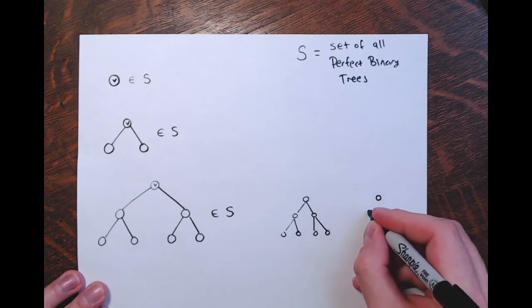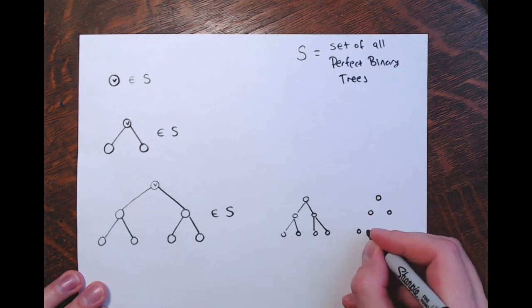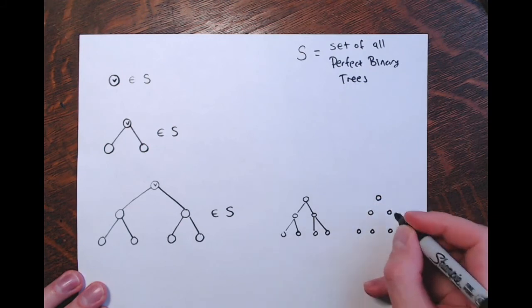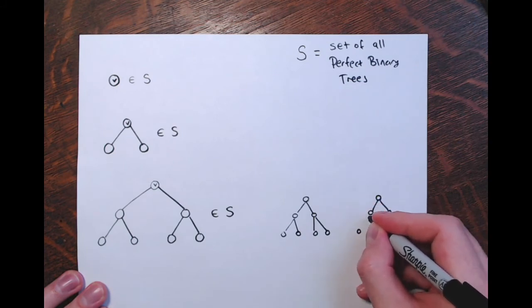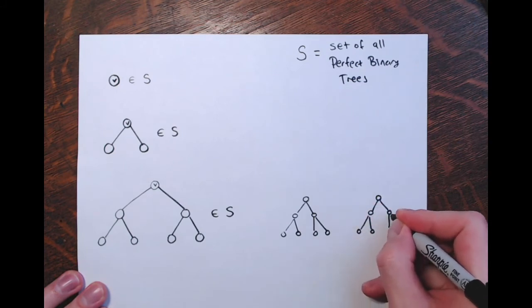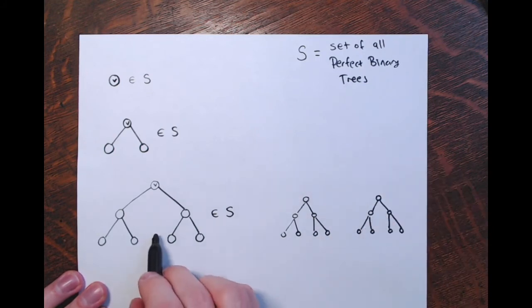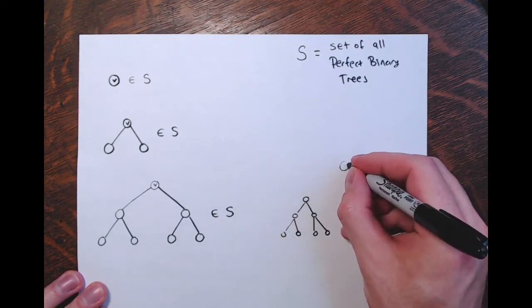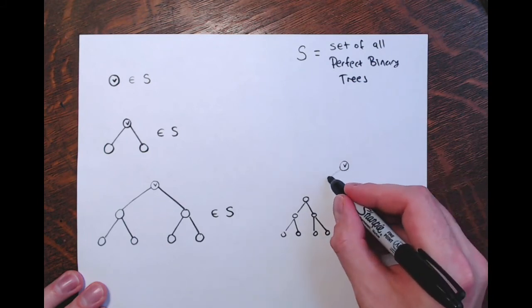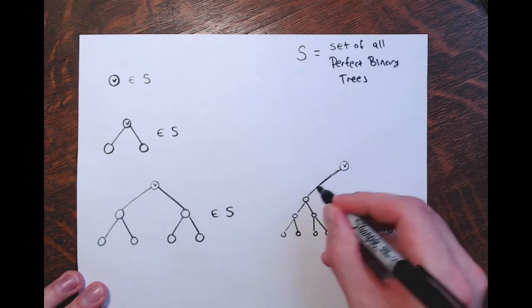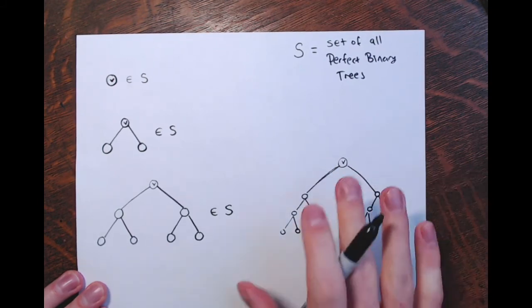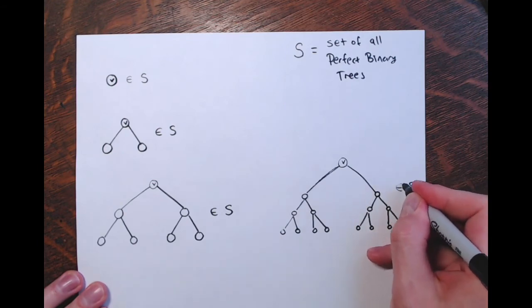Make another copy. And then there's my two copies of this tree. Put up another vertex, call it V, and then connect it to the roots of those previous copies. And here's another perfect binary tree.